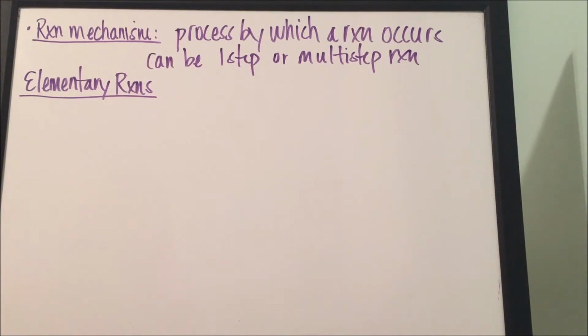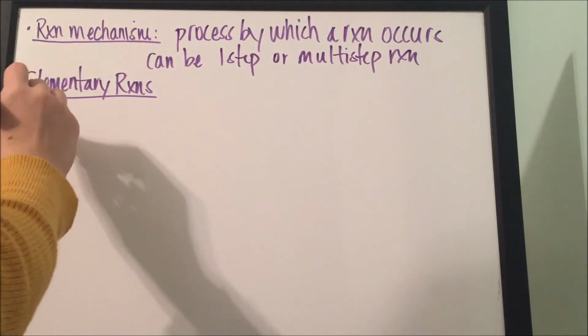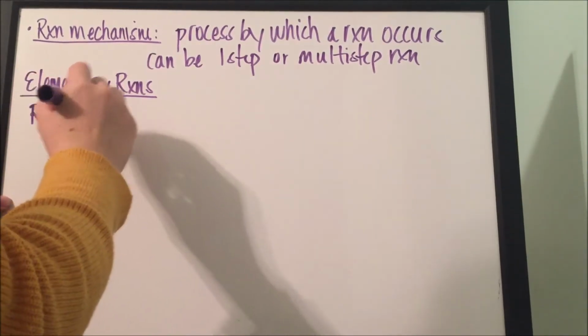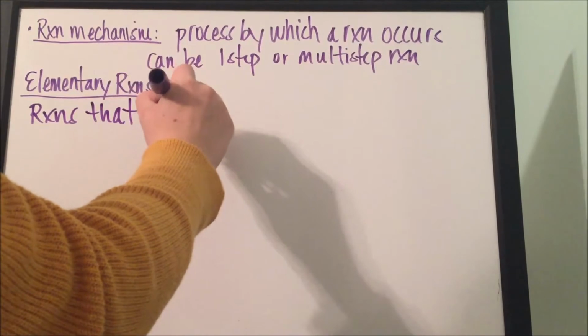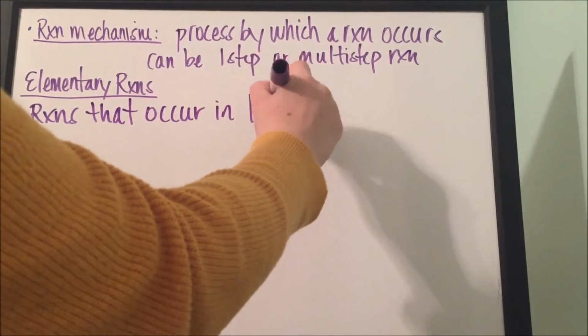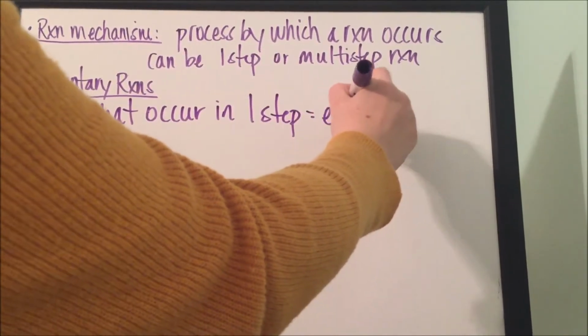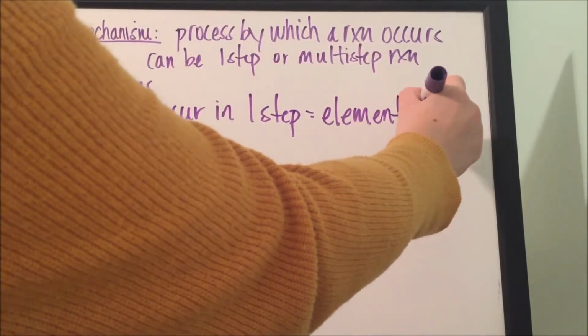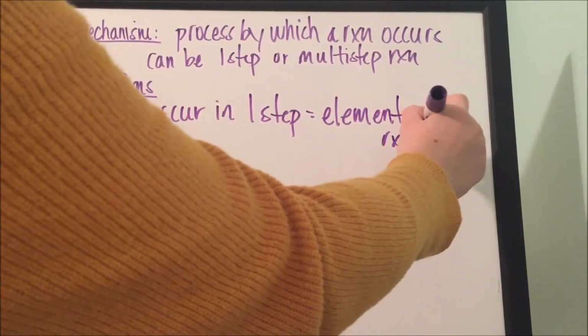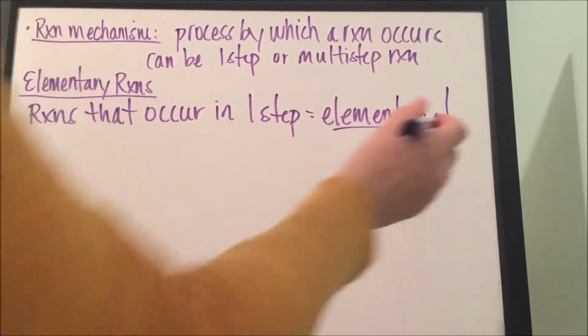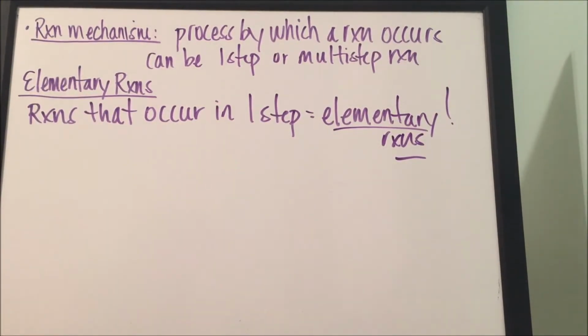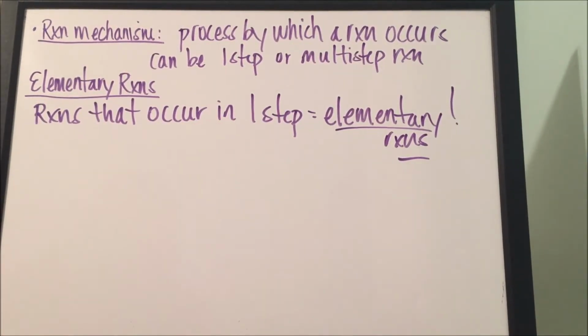Okay, so now we're on our heading that says elementary reactions. So that's kind of like a vocab word. An elementary reaction is defined as a reaction that occurs in one step.